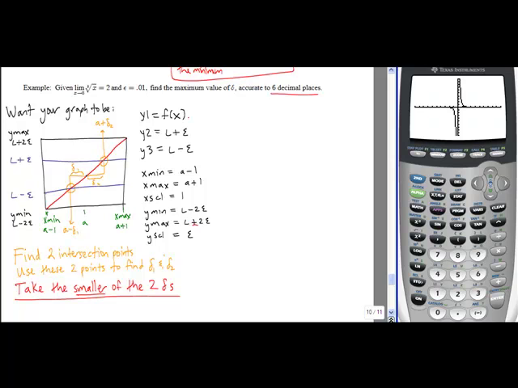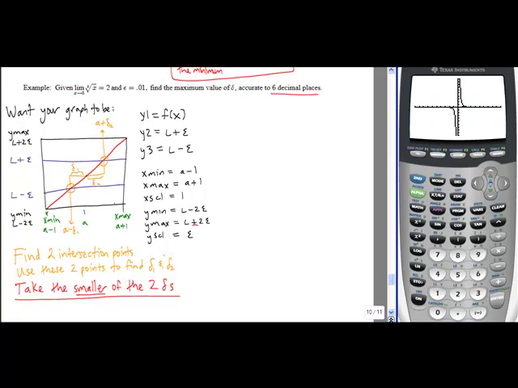For our y's, I'm going to let y1 be the function itself, and then y2 is going to be this horizontal line, which is just the height L plus epsilon. And I'm going to let y3 be L minus epsilon. Then for the x's, we know that we're approaching our A, and in this case that's this number 8.